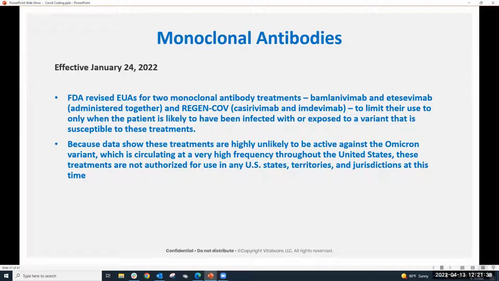And they revised the EUA to limit their use when the patient is infected with a variant that is not susceptible to these antibodies, because data was showing at the time that Omicron was on the rise, and these antibodies were very unlikely to be active against Omicron. So that's why they made this adjustment.